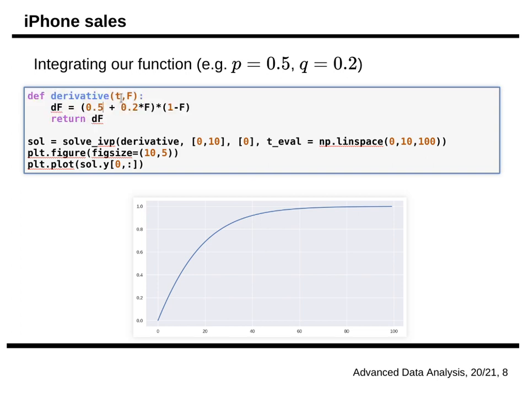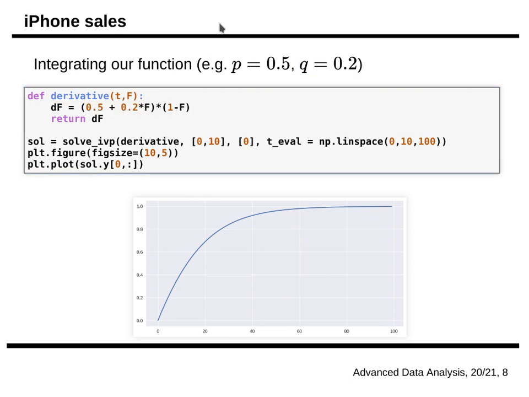The derivative must have these arguments, so it must receive the variable over which we are integrating first. This is time t, and the value of the integral so far. So this allows us to compute the derivative here. So in this function, we can assume, for example, a p of 0.5 and a q of 0.2. We can write this here.